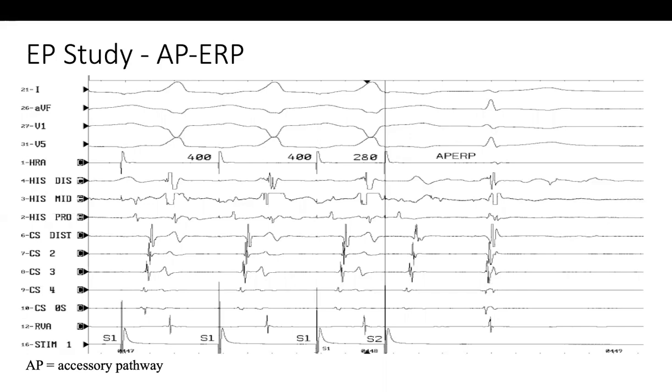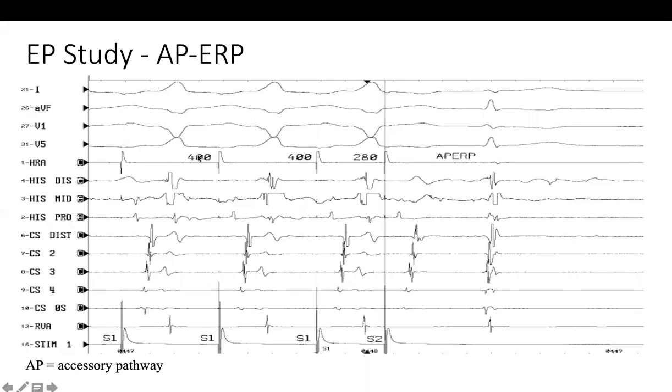To see the effect of the pacing on the tissue beyond the atrium. So we are pacing the atrium to assess the conduction properties of the AV node and the accessory pathway. We are going to go down with the S2 from, let us say, 400, 350, 400, 340, 400, 330, 320, 310, 300, 290, 280.